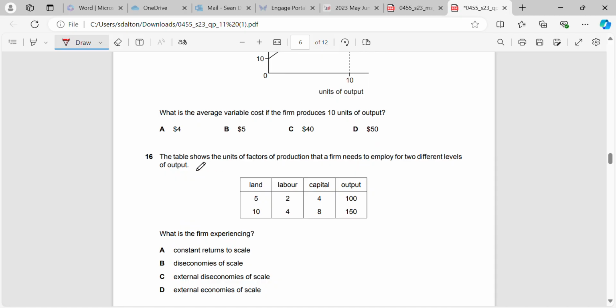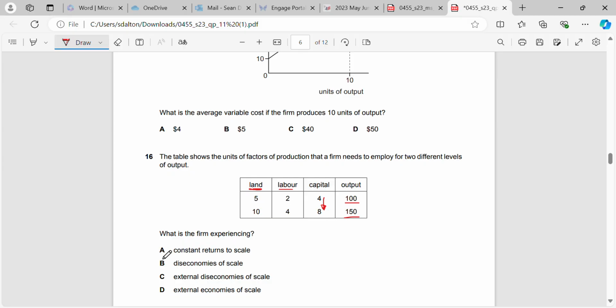Okay. The table shows the units of factors of production that a firm needs to employ for 2 different levels of output. What's the firm experiencing? So they were producing 100 units, they're now producing 150. But we can see here that for land, for labour and for capital, they've doubled the amount of resources that they need.